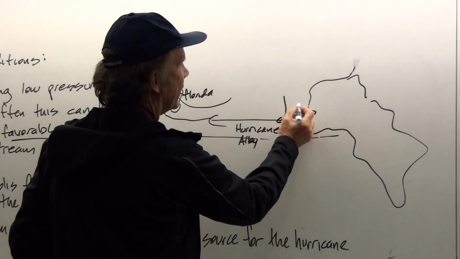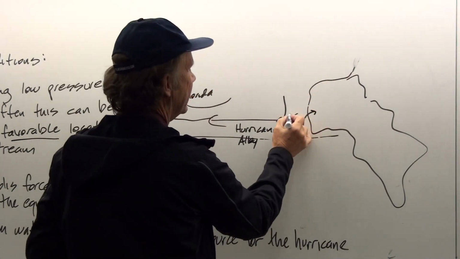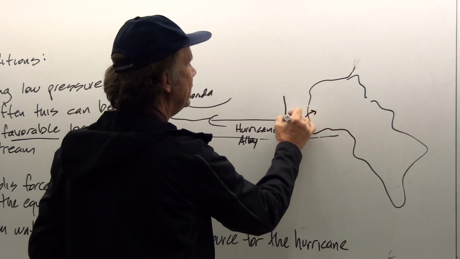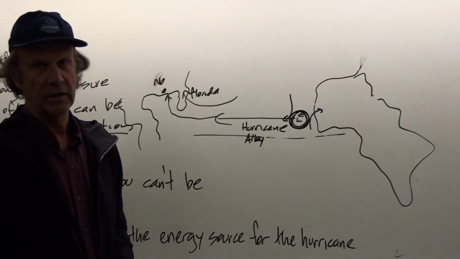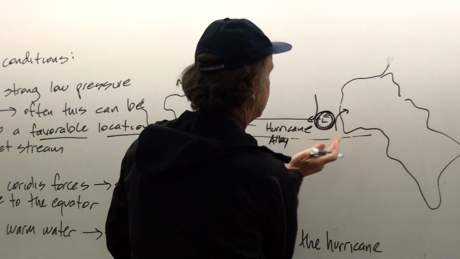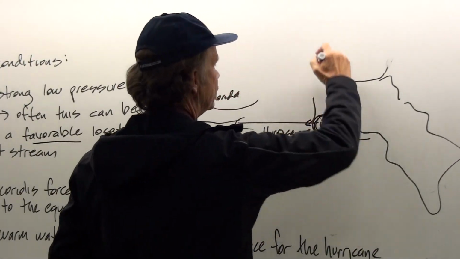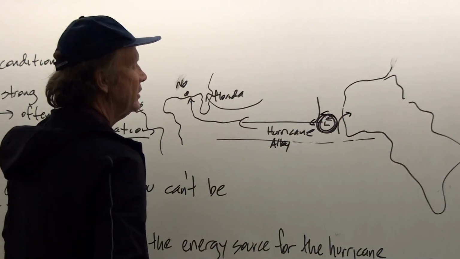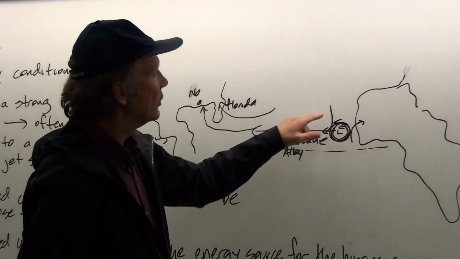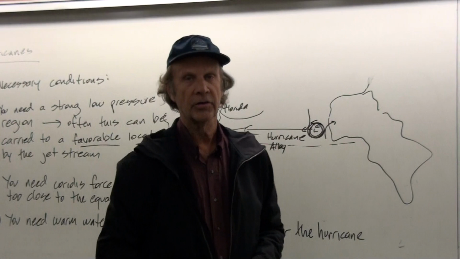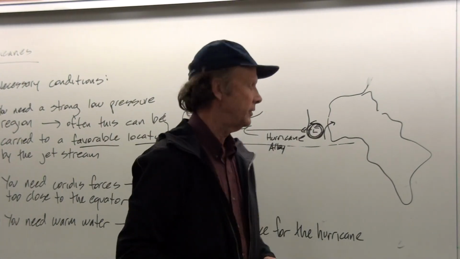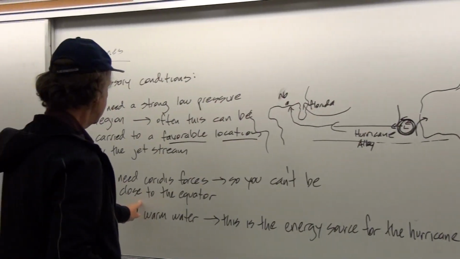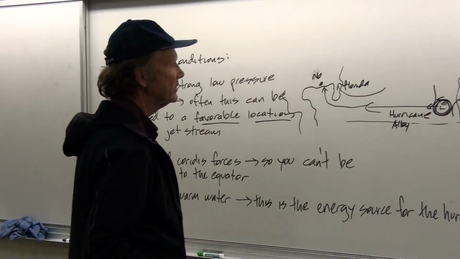And so the combination of those motions together can give rise to a swirling motion about the low. Okay, so this is creating this kind of a push, and this kind of motion is creating this kind of a push, and so you get that typical counterclockwise circulation in the northern hemisphere about a low. And so those are the Coriolis forces that are necessary.